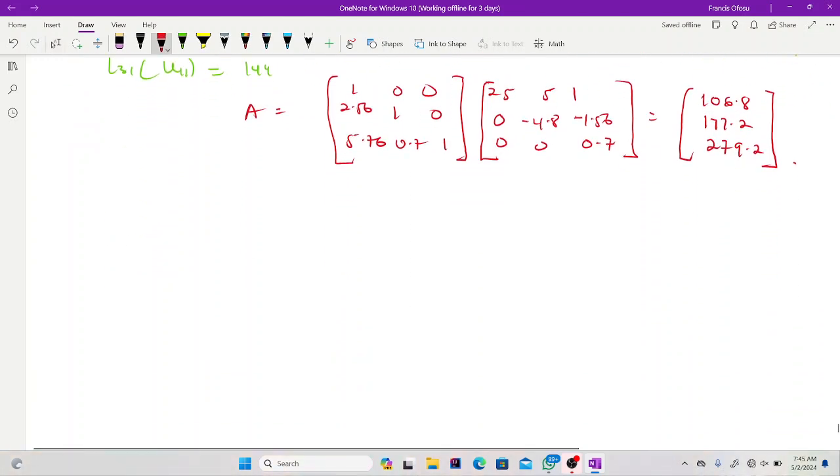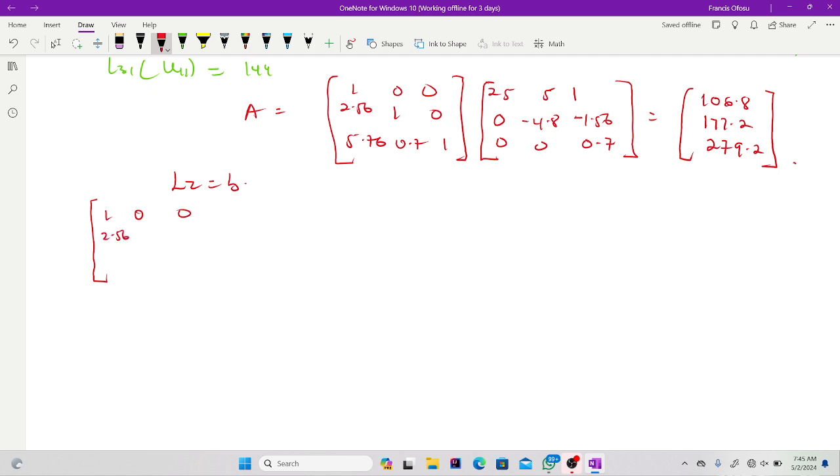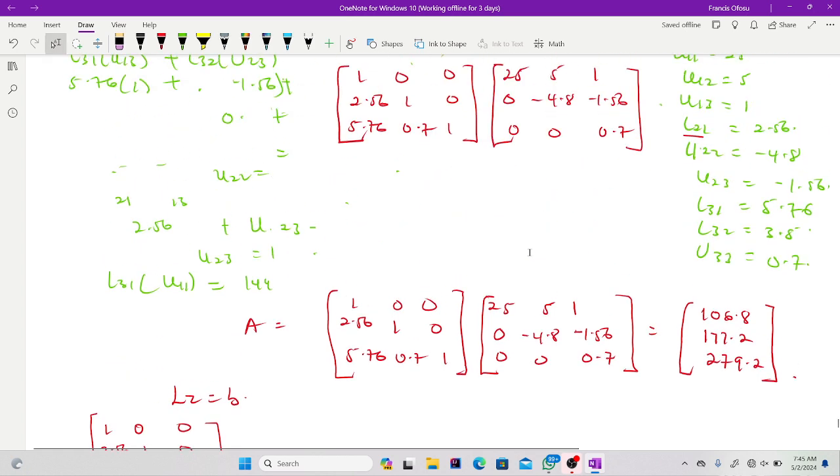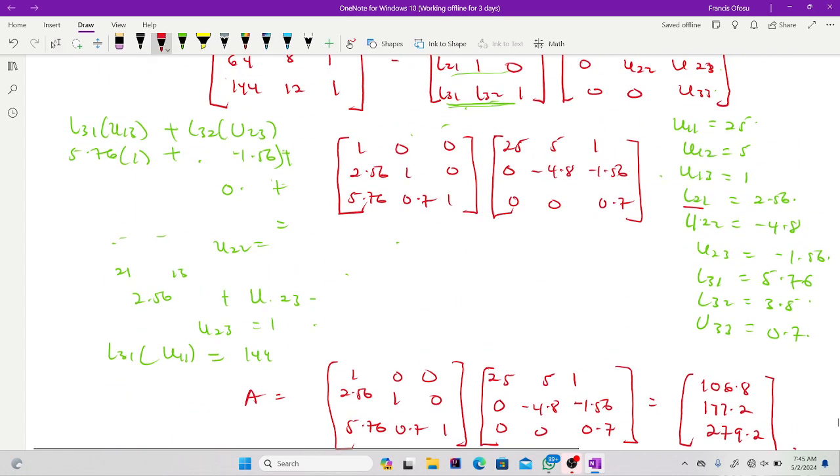So LZ is equal to B. What's my L? This is my L. I just carry my L here: 1, 0, 0, 2.56, 1, 0, 5.76, and sorry, this is not 0.7. My L32 is 3.5 instead.